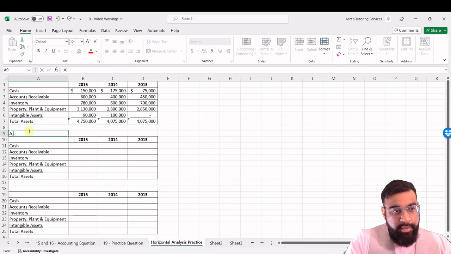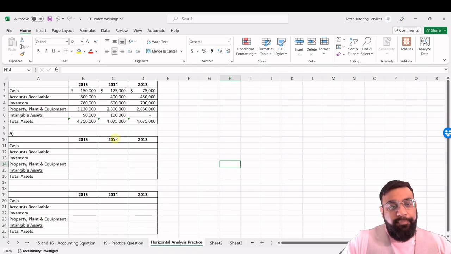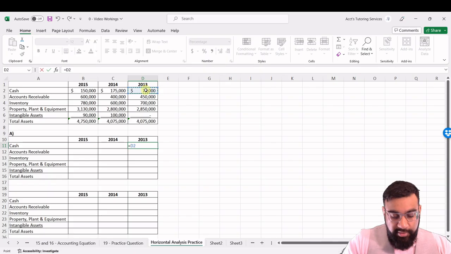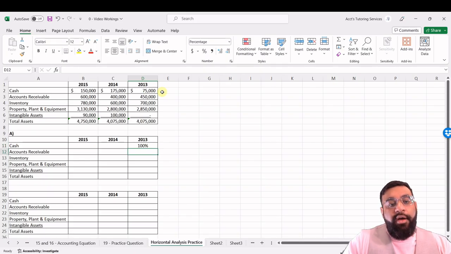So for A, we're going to do it based off the base period amount. Since the base period amount is for 2013, I'll do it for cash first. For cash, we're going to take the 75,000 divided by the 75,000 to arrive at 100%.